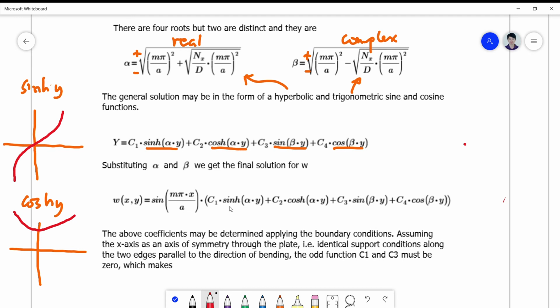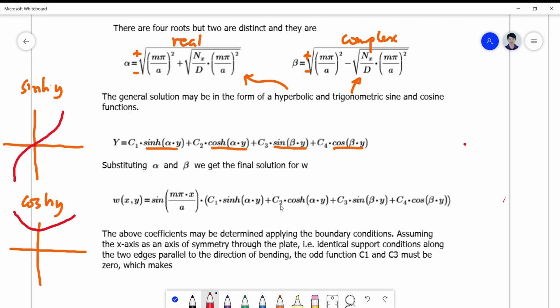So if you are going to take a look at this equation here, there will be a scenario wherein the value of hyperbolic sine will lead to a zero value that will not contribute to the behavior of what we are trying to get here. While the hyperbolic cosine will always get a value whether you have C2 as 0 or not.